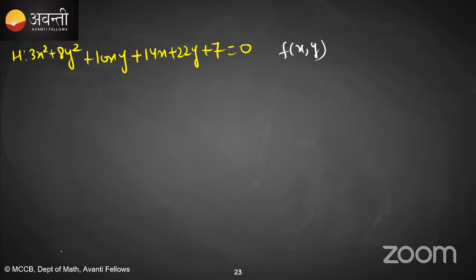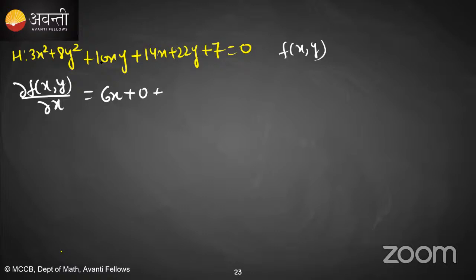So for the center, what will you do? Differentiate this given function with respect to x, keeping y constant. Treat y as a constant value and then differentiate this entire function. The differentiation of 3x square with respect to x is 6x. For 8y square, y is a constant, so 8y square is a constant, and the differentiation of a constant is 0.